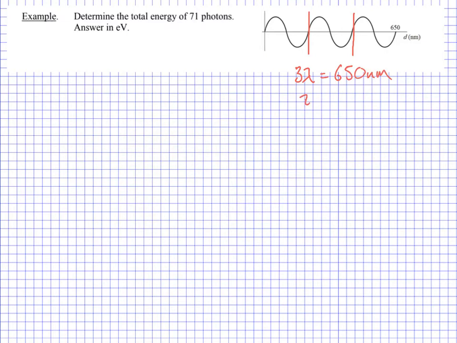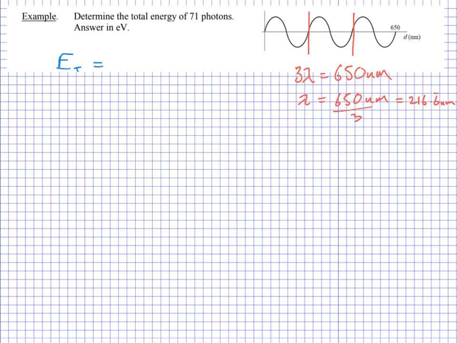That means one wavelength is 650 nanometers divided by 3. So the wavelength is 216.6 recurring nanometers.